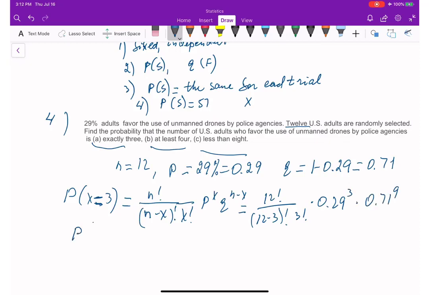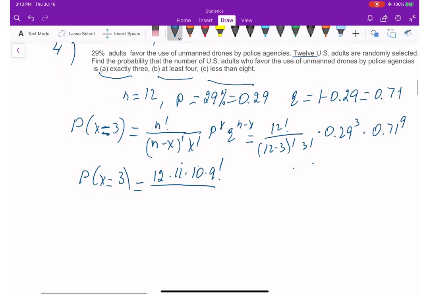If you solve all this, and if you are calculating by hand, you cannot round the numbers, you have to keep all 6-digit numbers. Since I did it by hand, let me go ahead and show you. That is equal to 12 times 11 times 10 times 9 factorial, and here we have 9 factorial, 3 times 2 times 1.